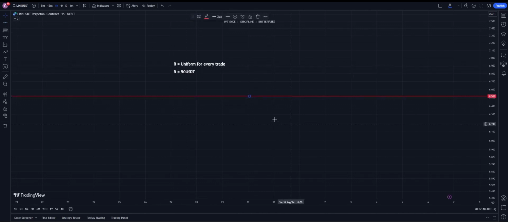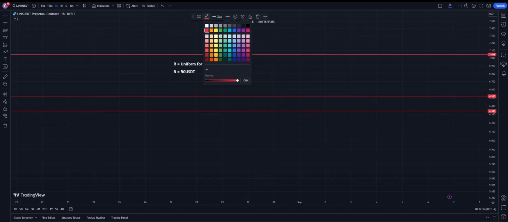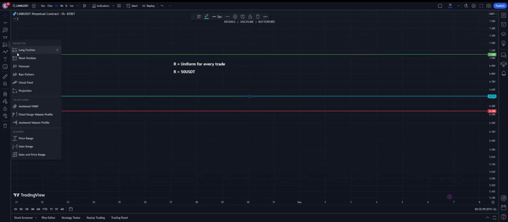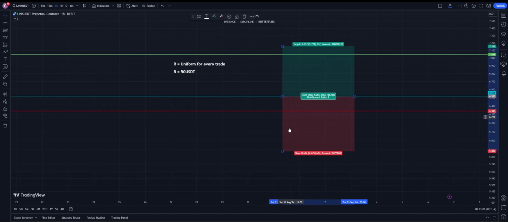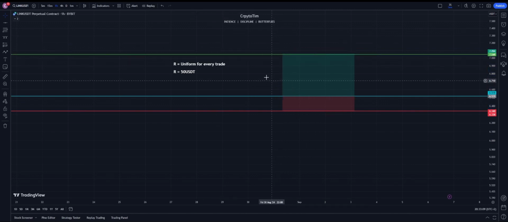So if we draw an example, say something like this, take profit, and I'm looking for a long position. I'm having my stop loss at the red line, my entry at the blue line, my take profit at the green line.